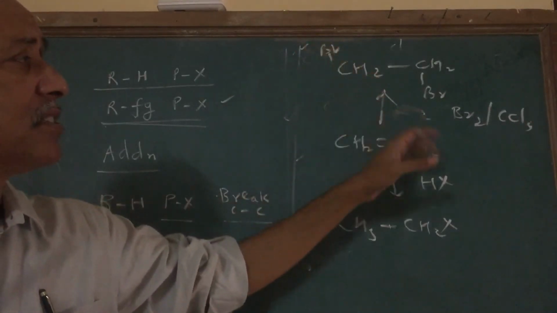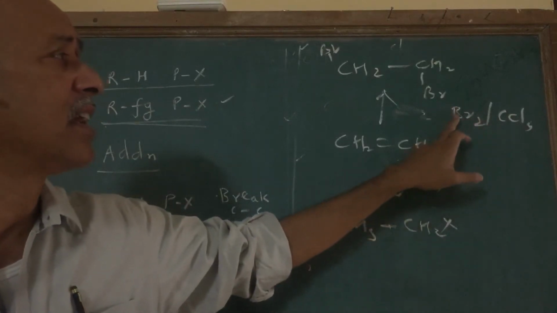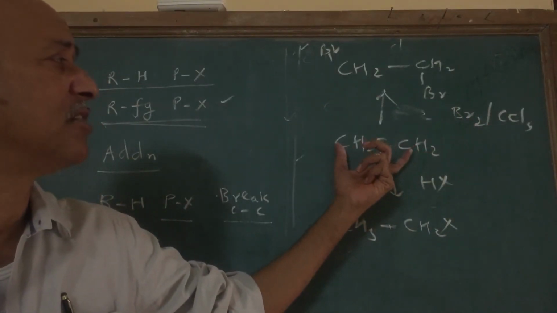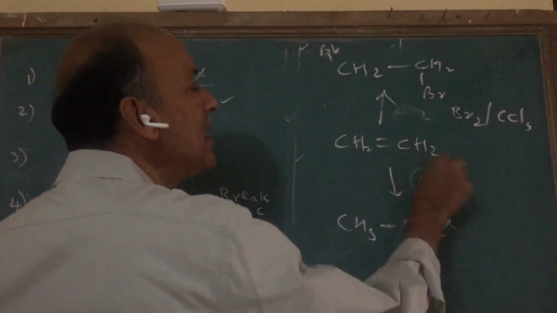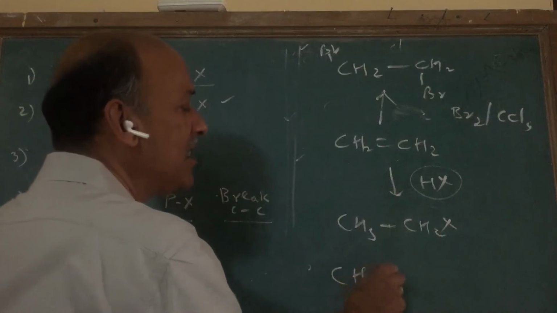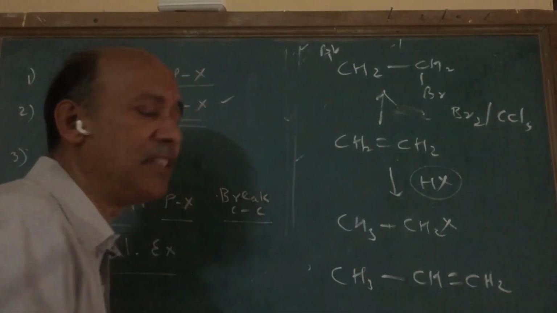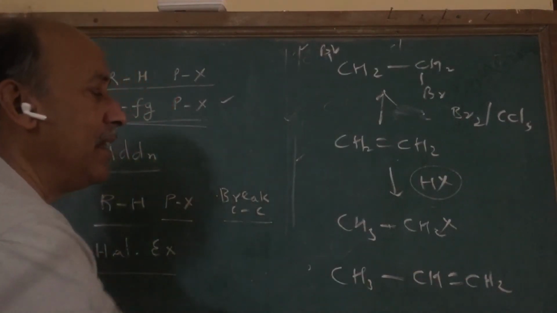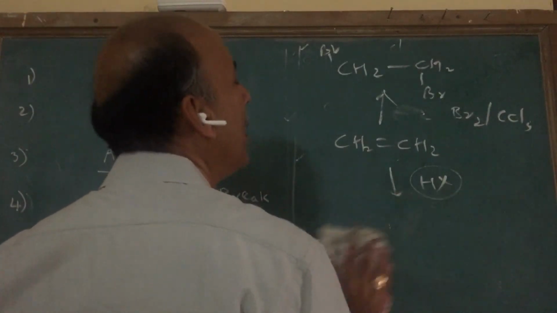What is the significance of this reaction? You might have studied in 11th class that the red color of bromine is discharged by a compound that has unsaturation. What is the significance of HX addition, especially in unsymmetric alkenes? All these details like Markovnikov rule and anti-Markovnikov, we will study in detail in the next videos. But this is a strategy to prepare alkyl halides.